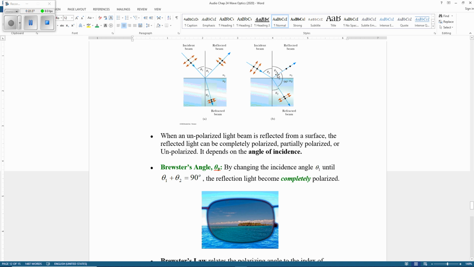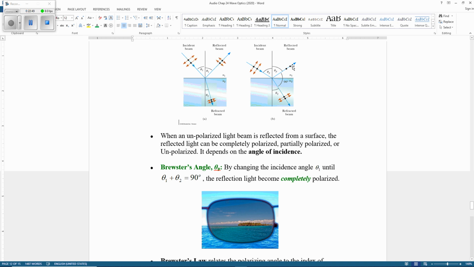Then the reflection becomes polarized. So the light will go only in and out of the paper, and not the perpendicular part. See, this is going to disappear.